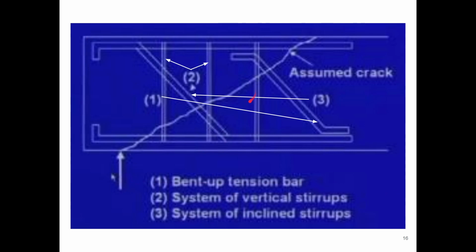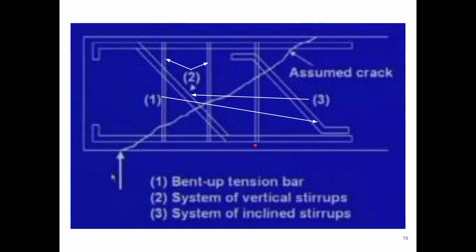And if those stirrups are present at an inclined position, at an angle to, say, the horizontal line, then those are called inclined stirrups. So here there is a system of bent up bars, vertical stirrups, and inclined stirrups. So this is a complex reinforcement section.